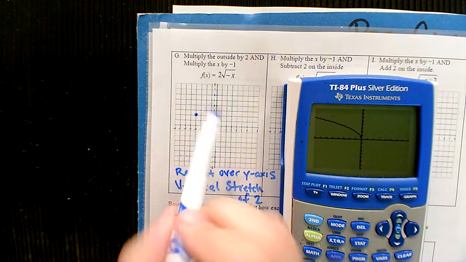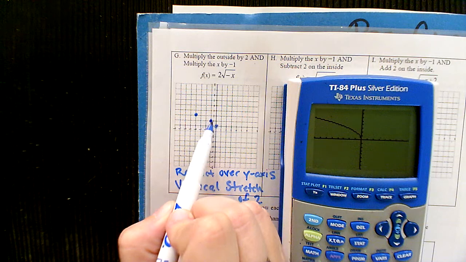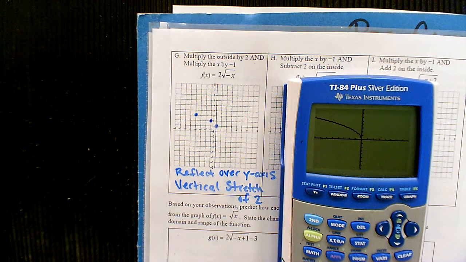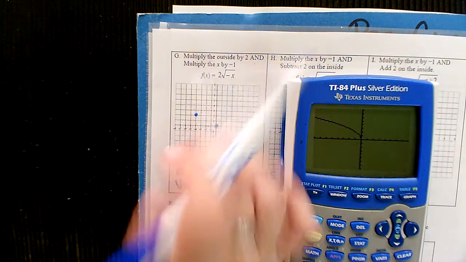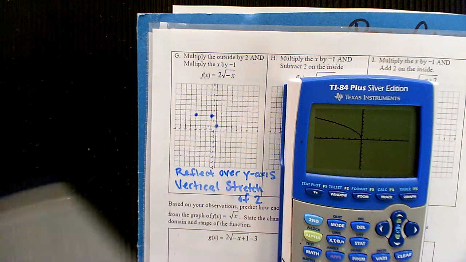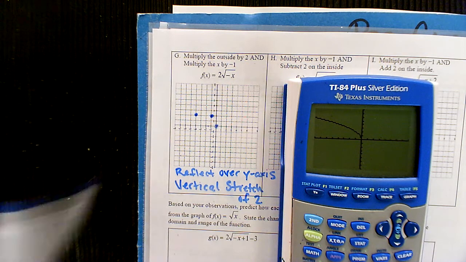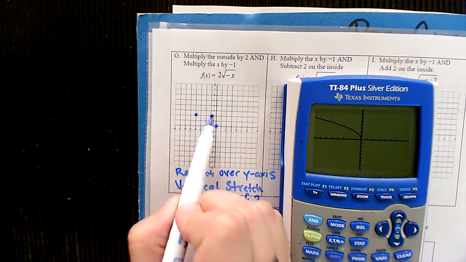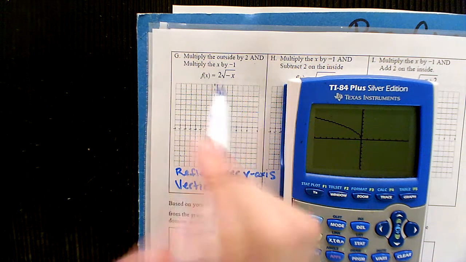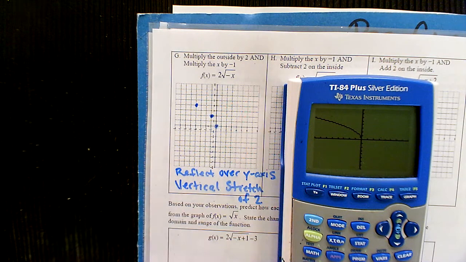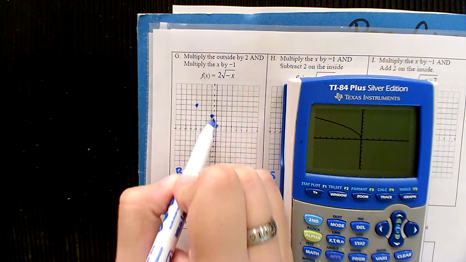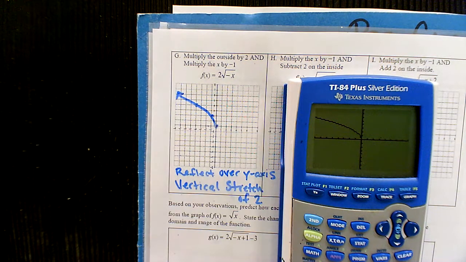It's just going to stay where it is. But the next point has a height of 1. If you double 1, it's now at 2. The next point we had a height of 2, and if we double that, we're now at 4. So you're making your graph a little taller. You're stretching it with that multiplication out front. Can we see that?